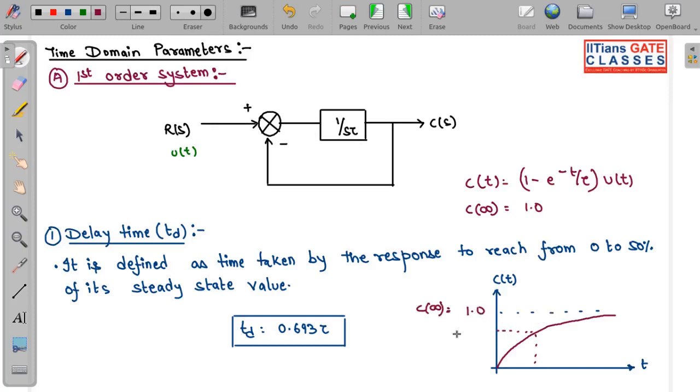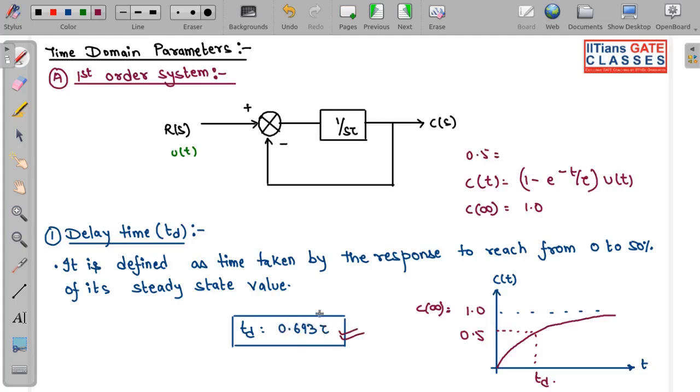Now 50% of this will be 0.5. So this time is known as delay time. In this equation, if you put C of t equal to 0.5, the time that you get comes out to be the delay time, and it is given by this formula. So 0.693 tau is the delay time for a first order system.